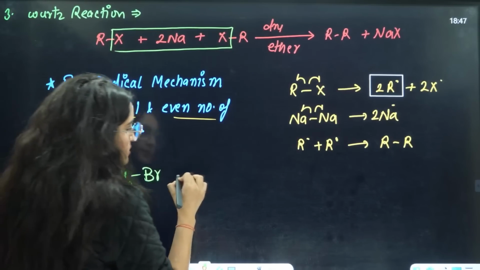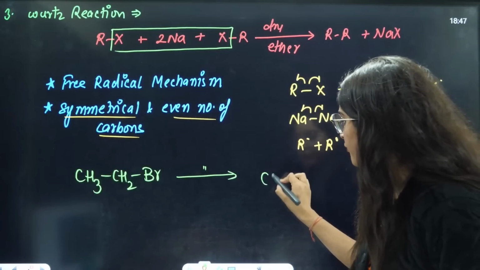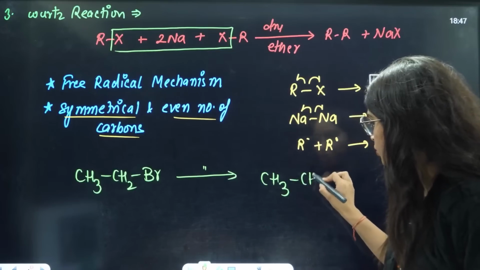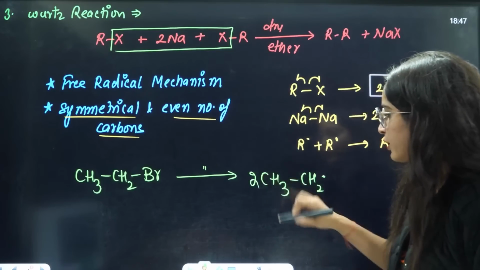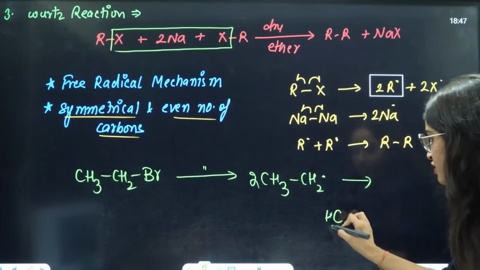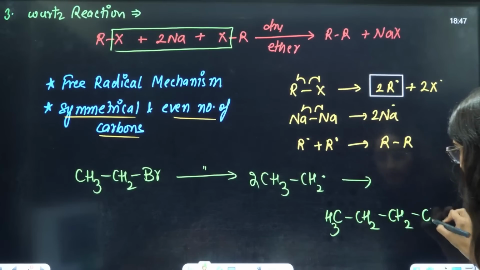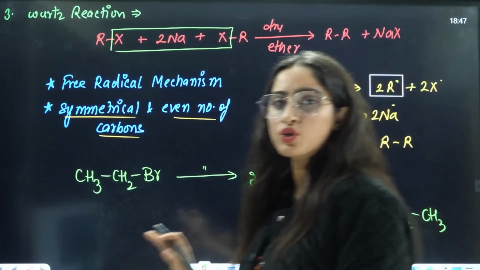Now you need to tell us what is formed here. We know the reagent will form CH3CH2 radicals, two such molecules will be formed, and after that they will combine with each other to form CH3CH2CH2CH3. It was so simple.